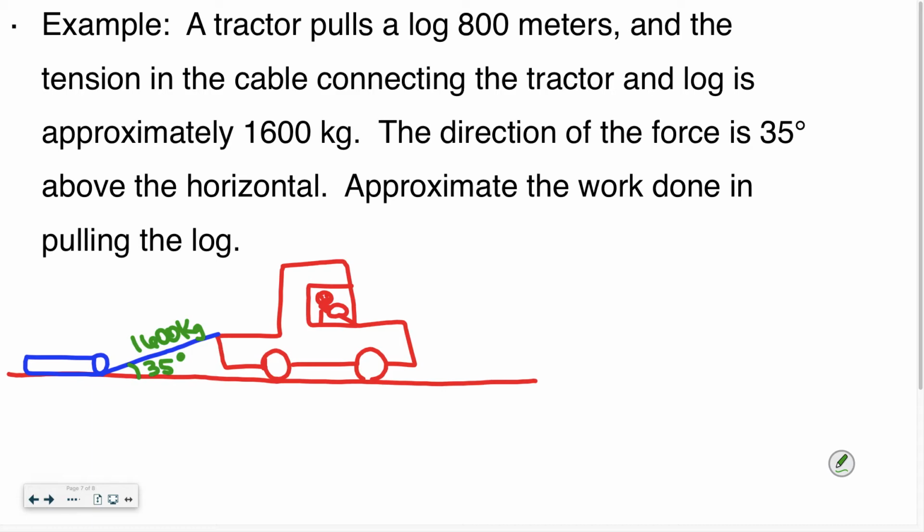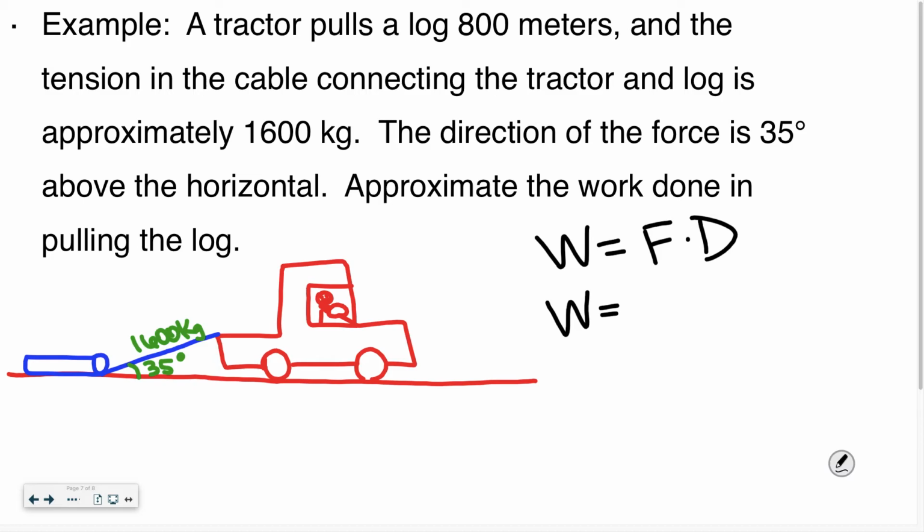Which way is the tractor driving? Horizontally, 800 meters. So work equals force times distance or displacement, whichever one you want to use. I'm flexible in pre-calc. Well, since the log is moving horizontally, our force is not 1,600 kilograms.